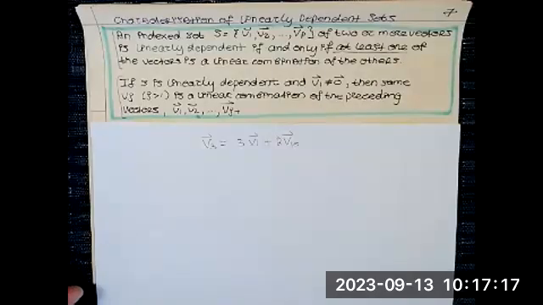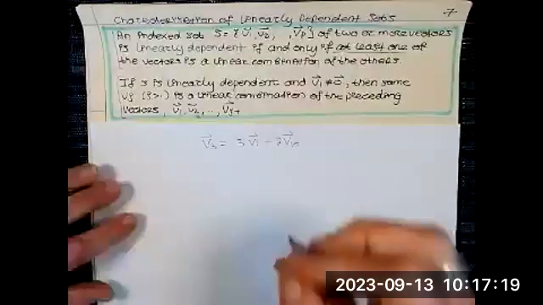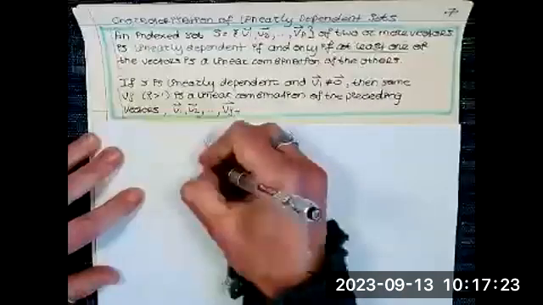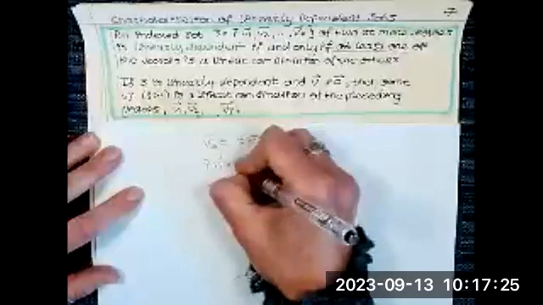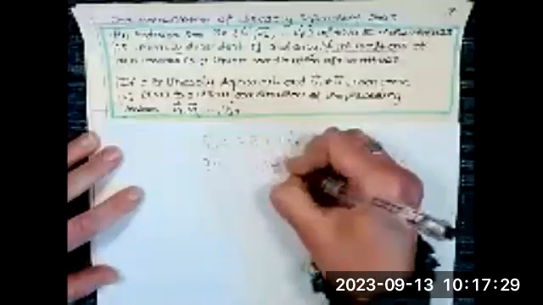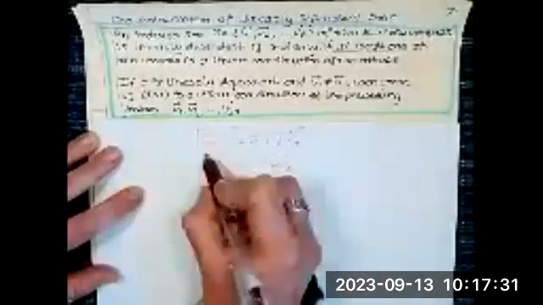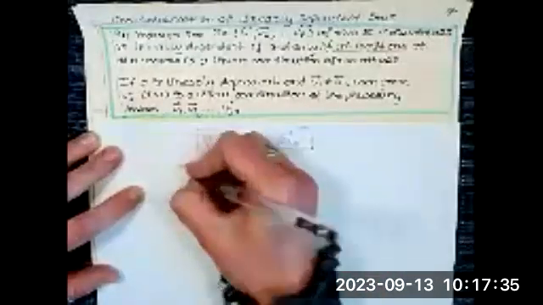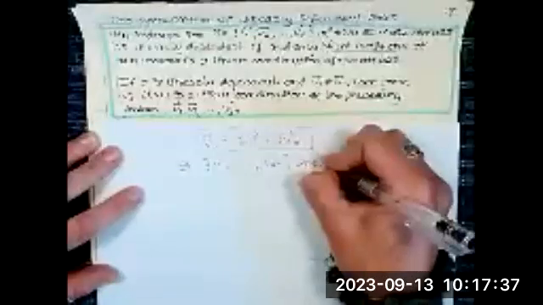That makes sense? Then the whole set would be linearly dependent. Maybe I have 20 vectors in that whole set. Just because v3 is a linear combination of v1 and v10, the whole set would be linearly dependent.